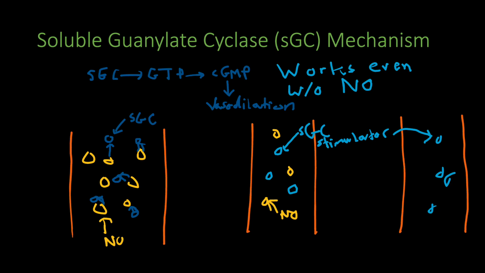Now, these can work even without nitric oxide. If there's not much nitric oxide, it will still work, because these will just stimulate it and it will start working. It will stimulate the production. It will produce GTP, and then GTP converts to cGMP, leading to vasodilation. So that's pretty much all it does.